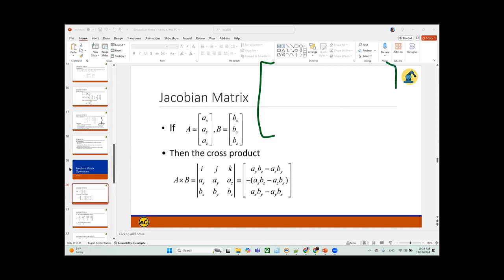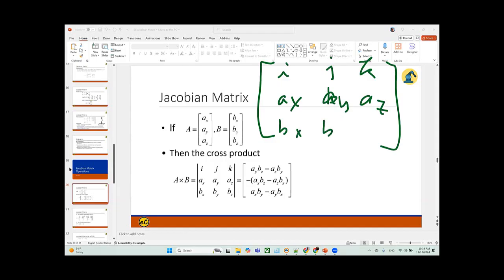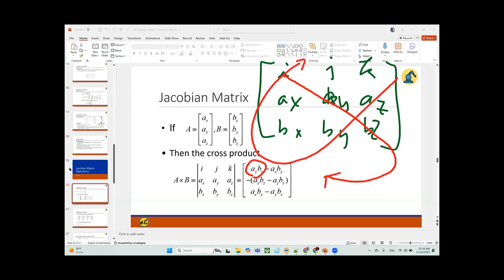So right here, you do have IJK, you have AX, AY, AZ, BX, BY, BZ. So the cross product of these two vectors is that you do this way, that will give you the positive term. Go this way will give you the negative term on I.